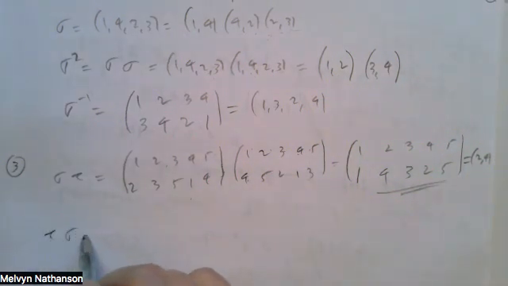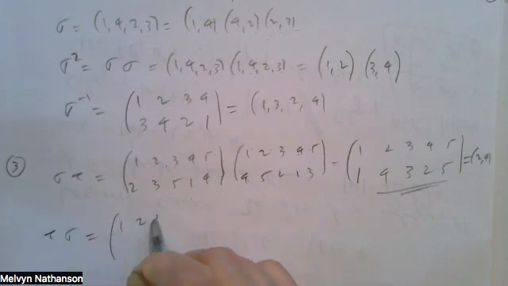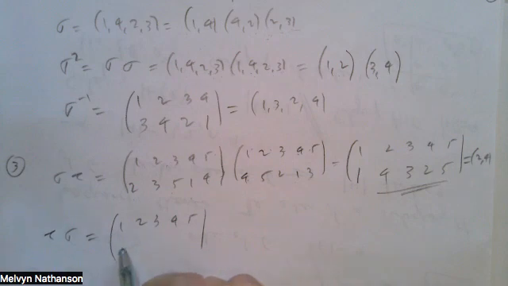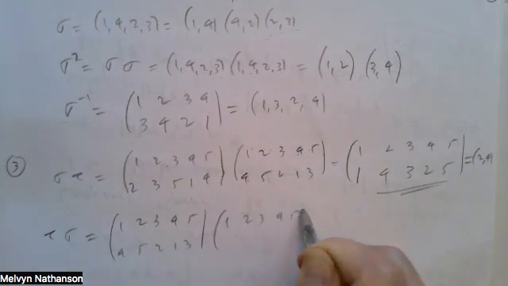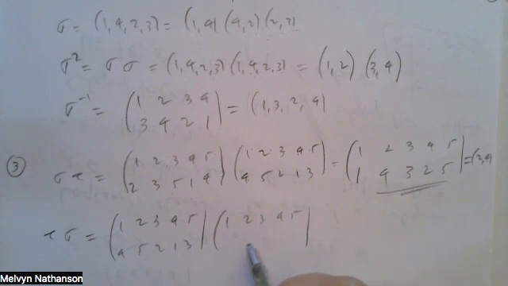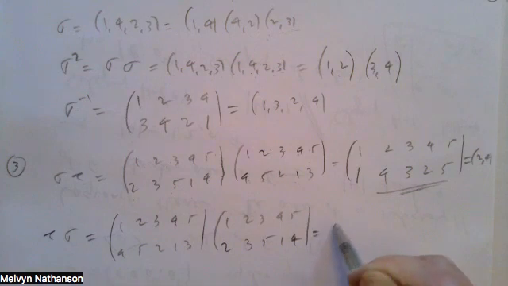And if I compute tau sigma, so tau is 45213. Sigma is 23514.